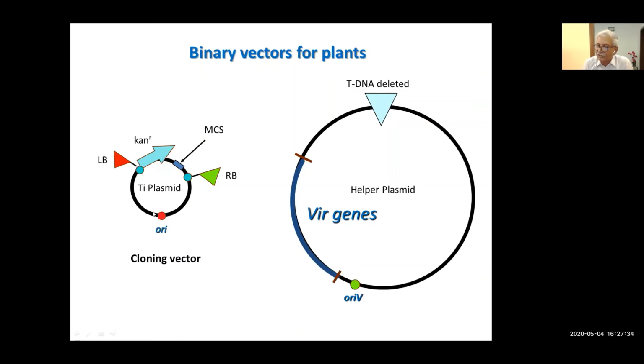After infection, you can take the plant cells to the growth medium, which contains the antibiotic in it. Only the plant cells which have acquired tDNA carrying kanamycin, for example, here, they will grow, all the rest of the cells will die. So this is the transgenic plant selection.